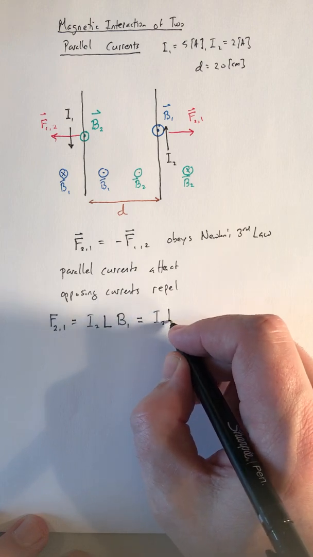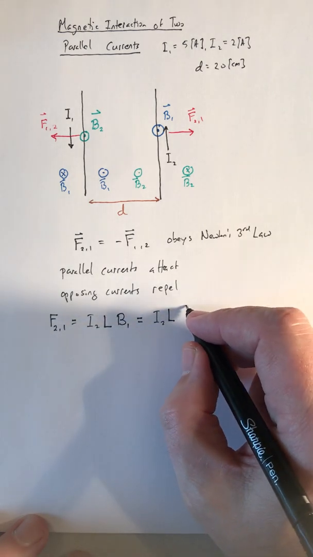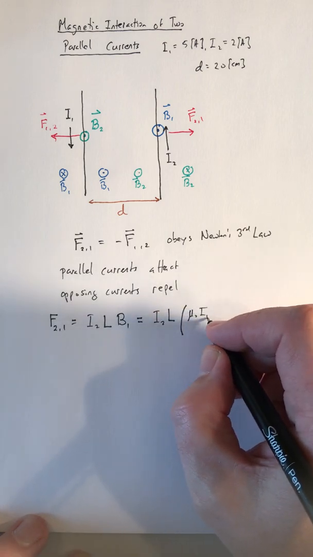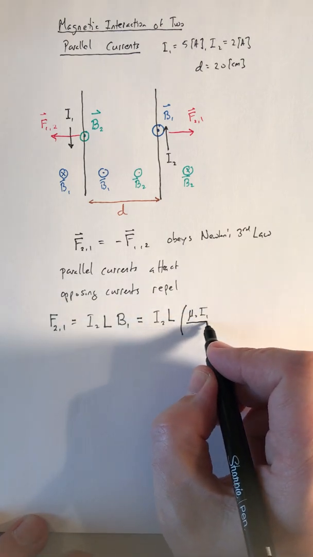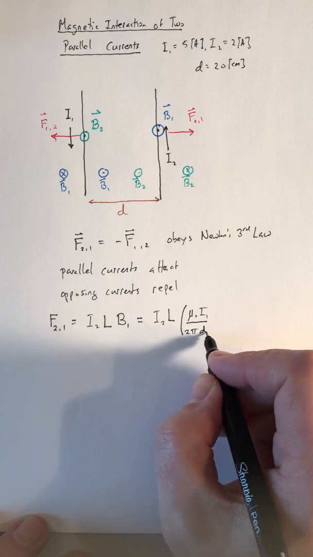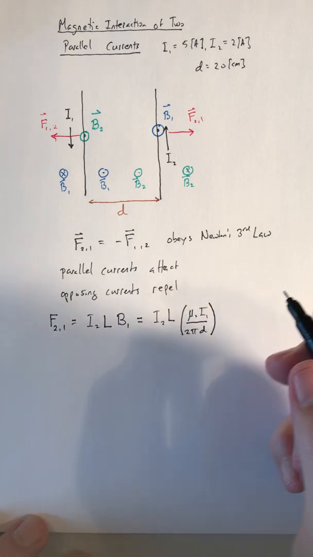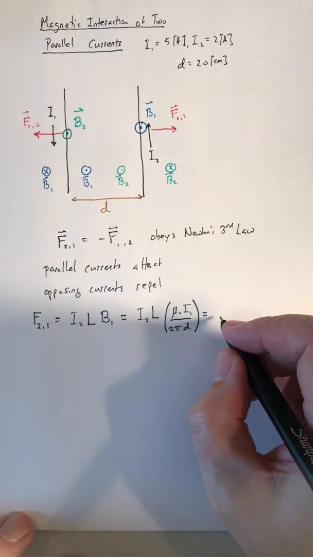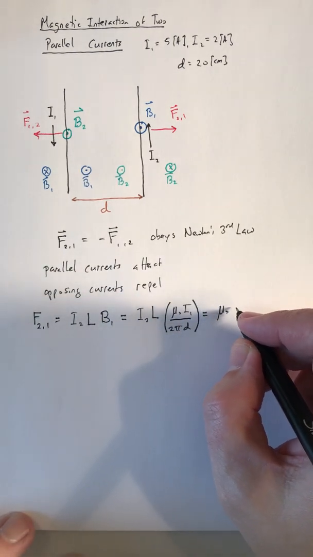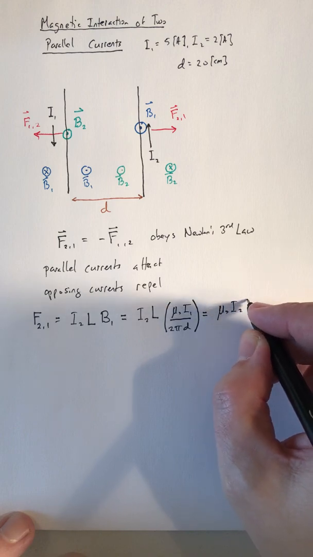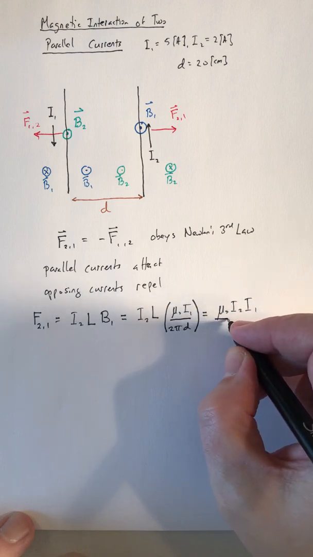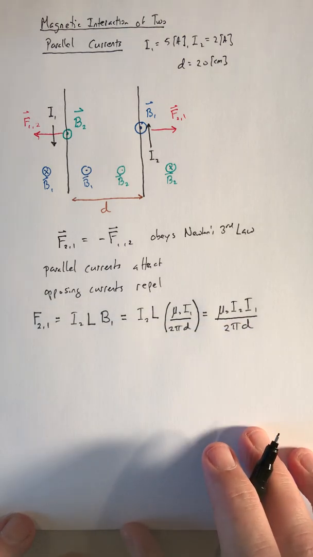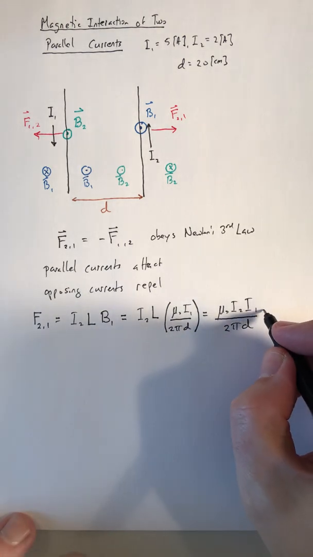I2L, I'll have mu naught I1 over 2 pi d. So that will be mu naught I2 I1 over 2 pi d in magnitude, and an L.